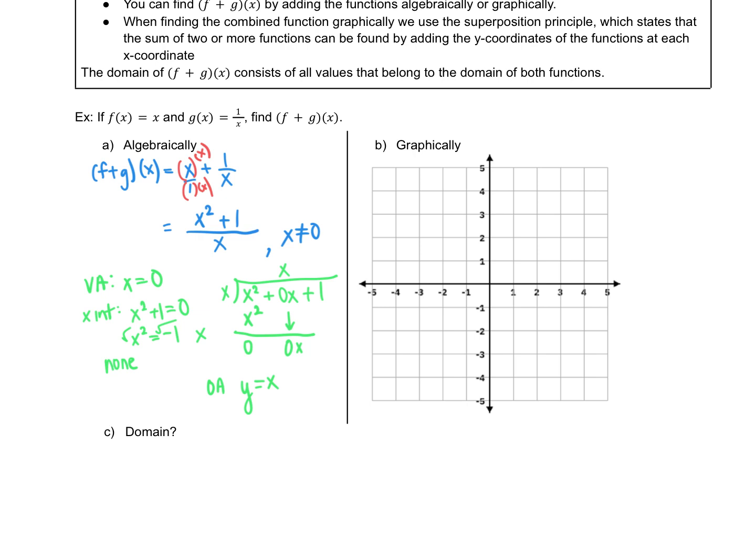And now we can use that information to start roughly graphing. So I'm going to put my vertical asymptote here at x equals 0. My oblique asymptote has a y-intercept of 0 and the slope is 1, so rise 1, run 1, which means this is my oblique asymptote.